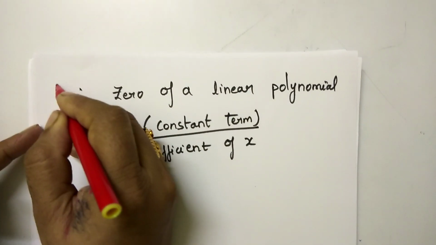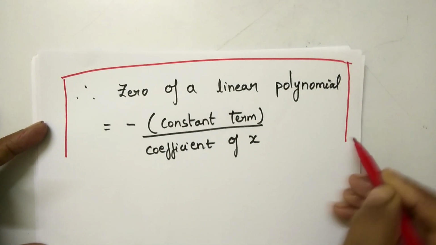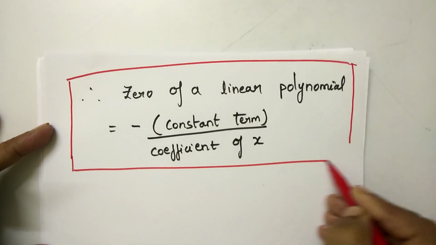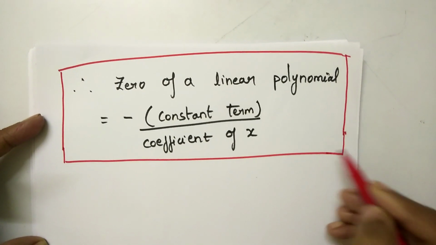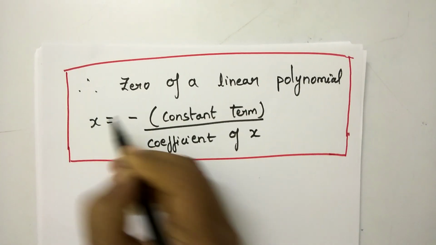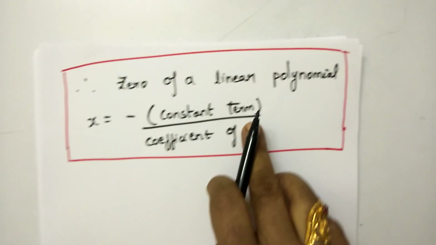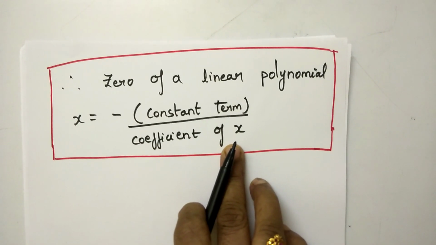Just keep this in your mind, because it will be very useful for solving the objective type questions quickly. Okay, the zero of a linear polynomial, x is equal to minus of the constant term by the coefficient of x.